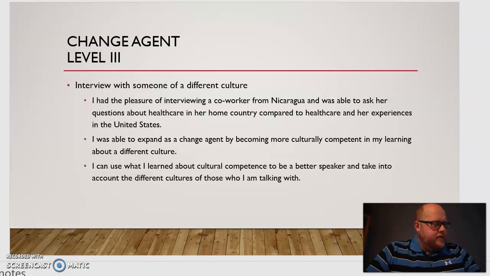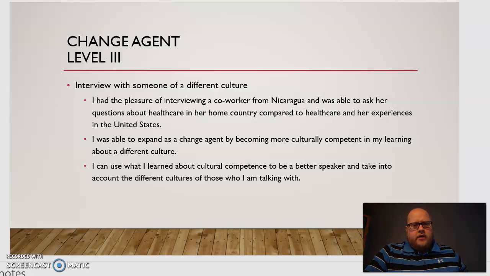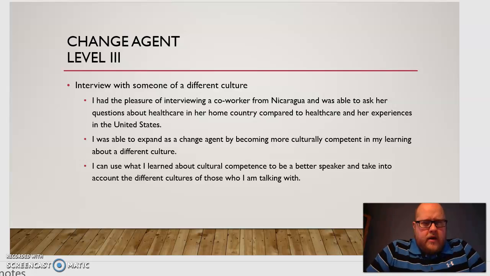A change agent is one who uses the discipline of the liberal arts and sciences to analyze historical and contemporary situations, to develop cultural competence, and to take appropriate initiative to effect change. My first change agent level 3 was an interview I did with someone of a different culture.